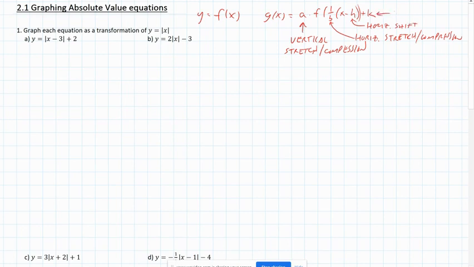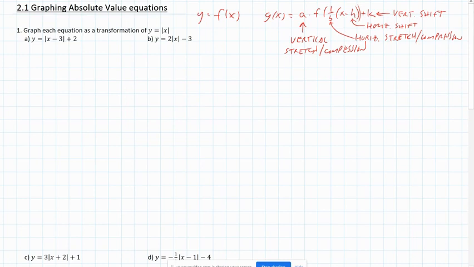And K affects vertical shift. These are true for all functions. Today we're just going to focus on absolute value equations, but all these same properties that we learned in Module 1 will work with absolute value equations as well.